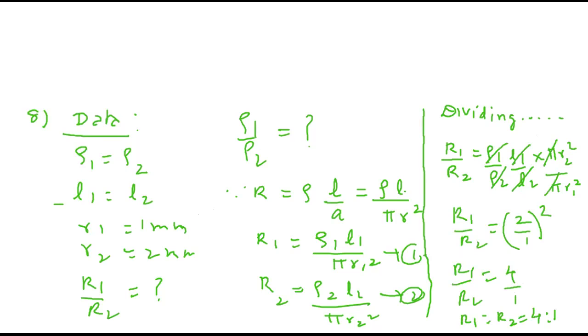Then rho 1, rho 2 is one liner. Both are the same, therefore it is 1. Since rho 1 equals rho 2, rho 1 upon rho 2 will be 1. Solve the 8th one.